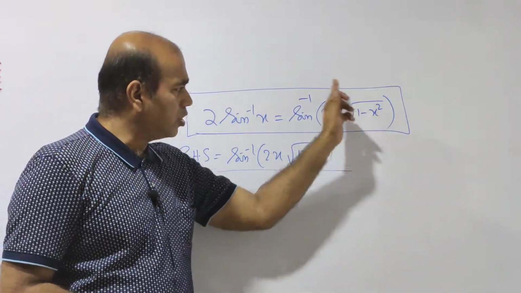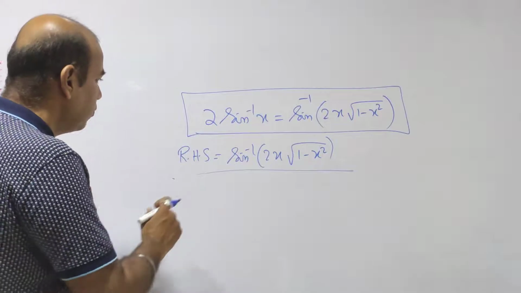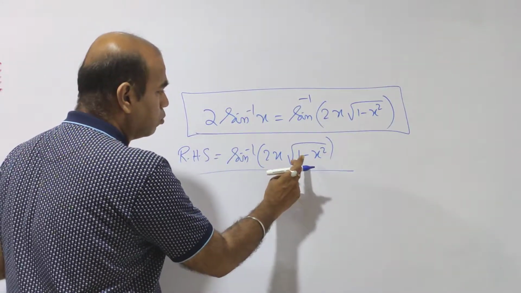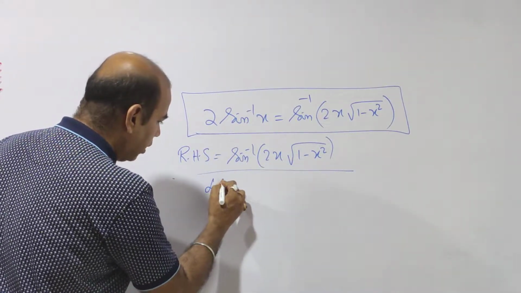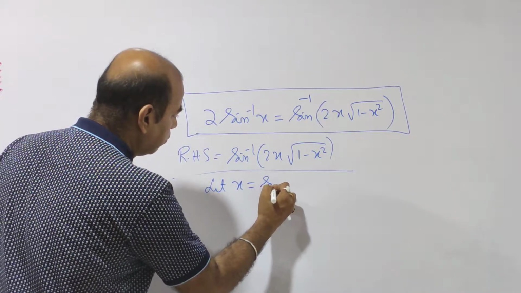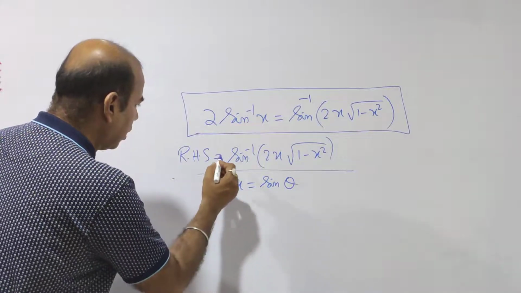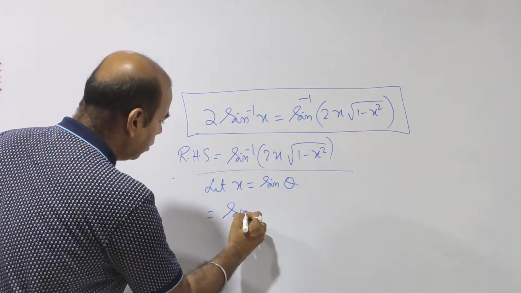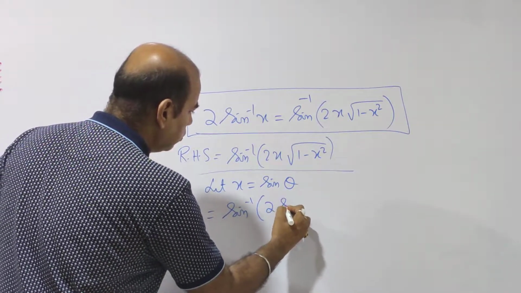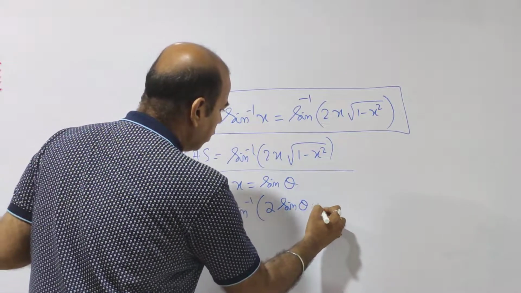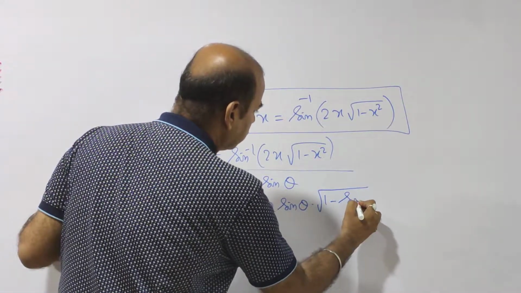I am considering the right hand side, sine inverse of 2x root over 1 minus x square. So let x equal sine theta. Now x is equal to sine theta. That means my RHS changes to sine inverse of 2 sine theta into root over 1 minus sine squared theta.